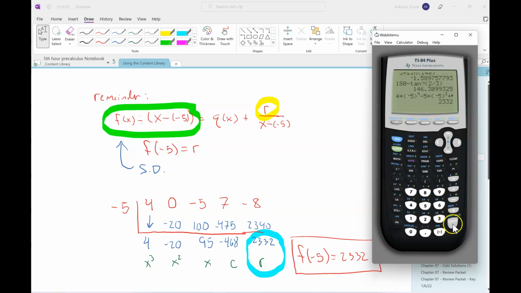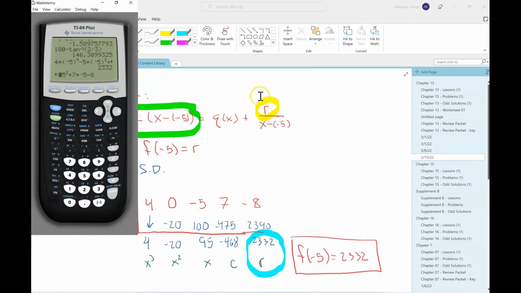So just to illustrate to you guys, if you didn't put the parentheses in around these -5s, you're going to get a completely different answer. And in fact, the wrong answer. Whoa, boy.